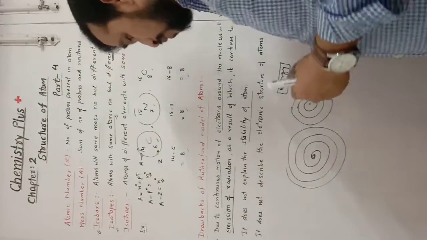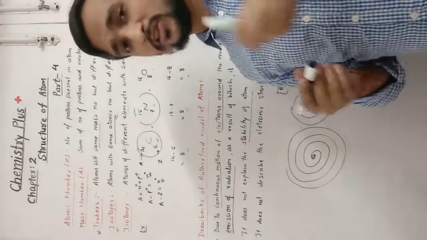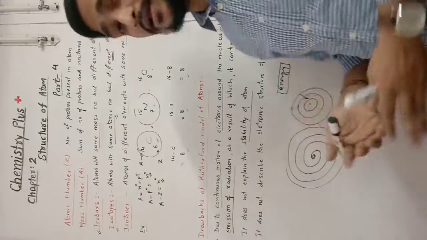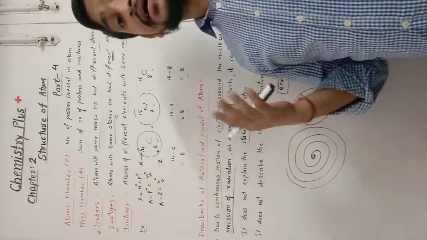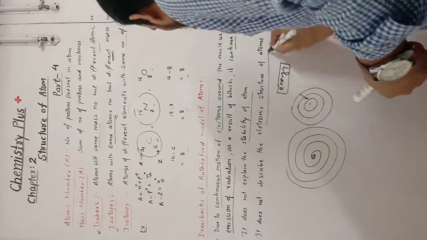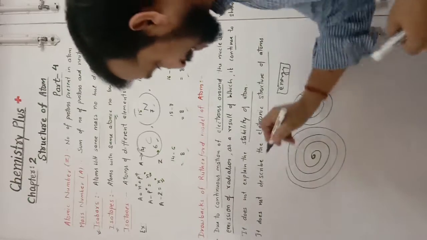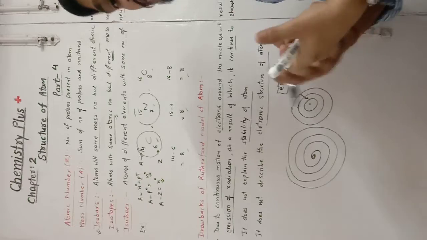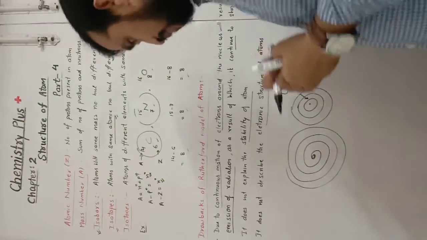The second drawback of the Rutherford model of atom is that this model does not explain the electronic structure of the atom. It does not tell us about the number of electrons present in each orbit around the nucleus.